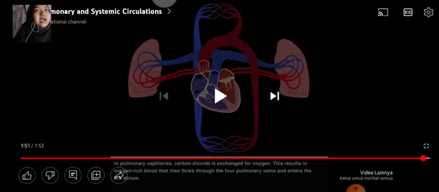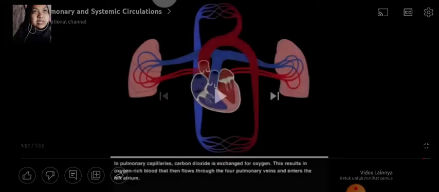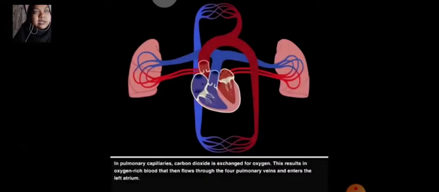Okay, so the pulmonary circulation begins when the deoxygenated blood from all over the body, the blue one, drains through the superior vena cava and inferior vena cava to the right atrium, and then to the right ventricle, and leaves the right heart via the pulmonary artery to the lungs.